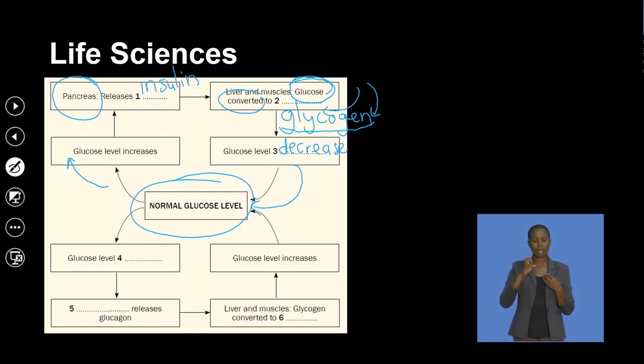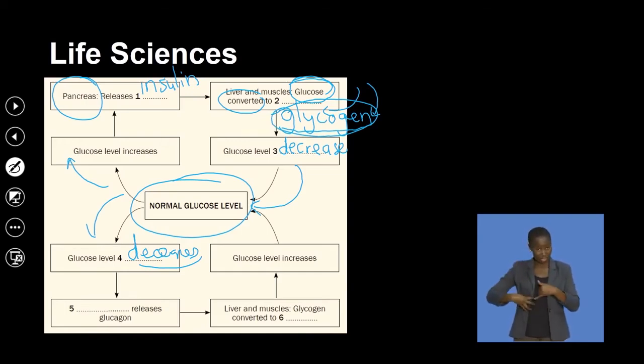We also now have a situation where the glucose levels may decrease. And when they decrease, we know that this might happen when you've not had a meal, and you'll find that the body now relies on the stored glycogen. And so in order for that stored glycogen to be accessed, the pancreas will release a hormone called glucagon.